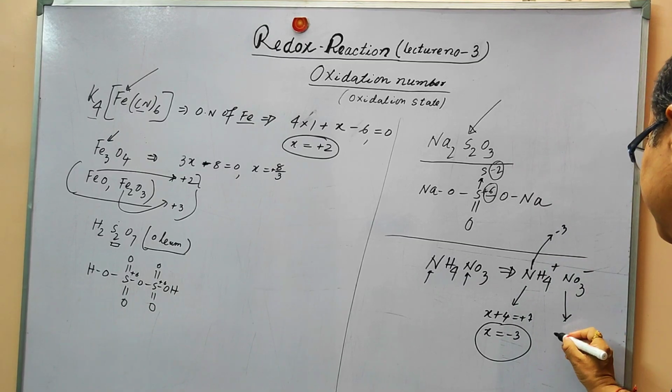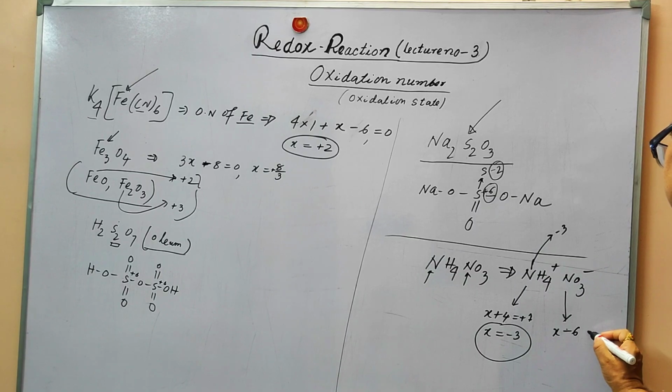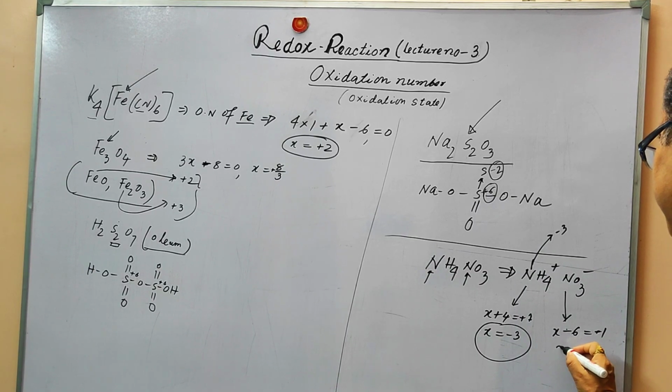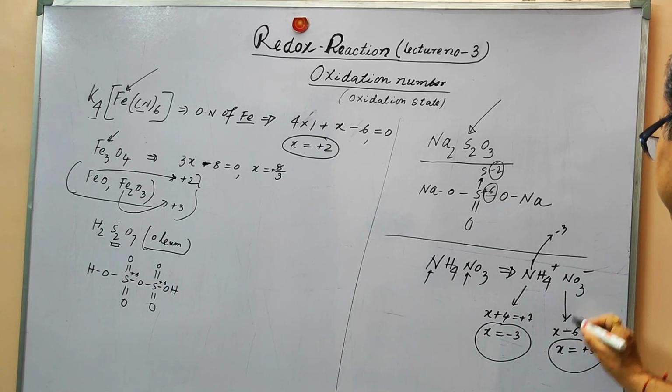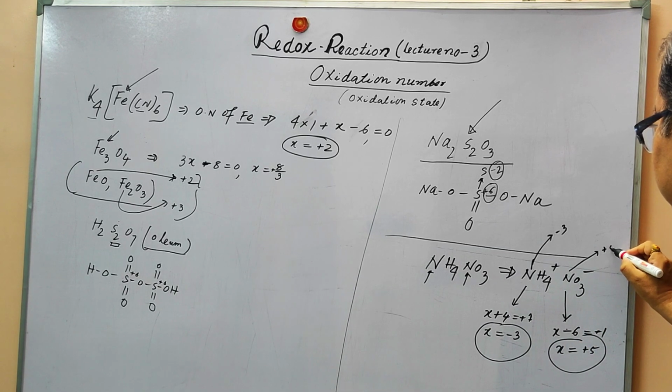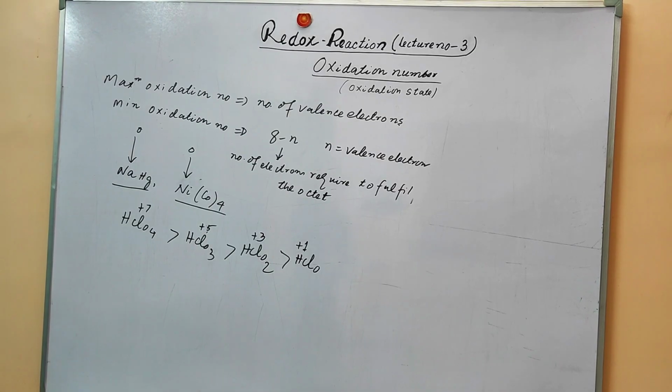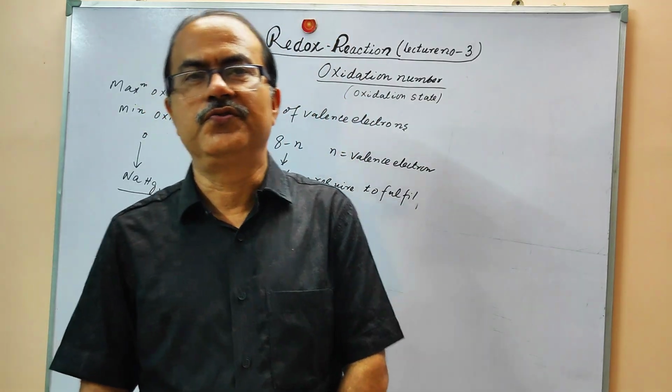And here x minus 6 is equal to minus 1, meaning x will be plus 5. So it will be plus 5. So they are different. That is all for today's lecture.